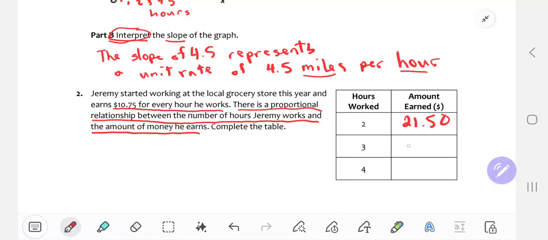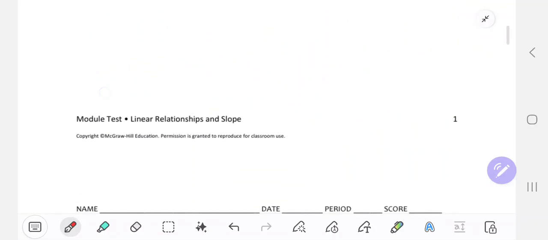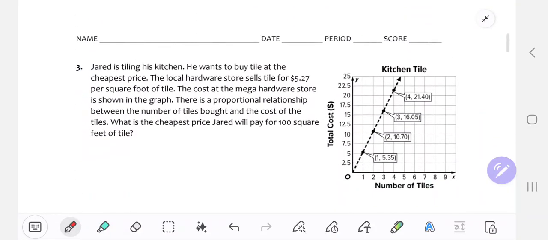And then the next one would be another $10.75, so that takes us to 31, and then add another 75 cents, so that takes us to 32.25, and then we're going to add 10 to that, so that's going to be 42, so 43. All you had to do was complete the table. There we have it. All right, next, going down to this one.